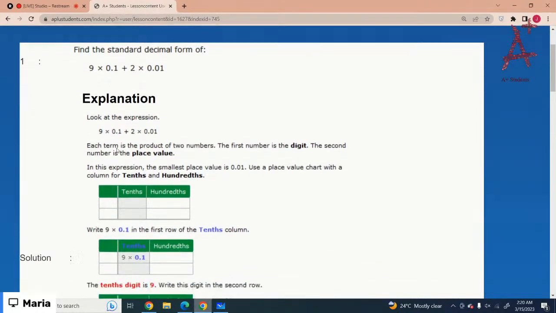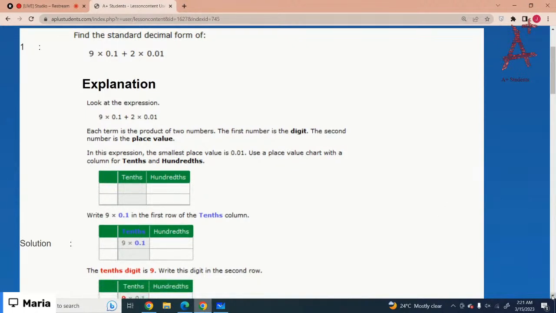Each term is a product of two numbers. The first number is a digit. 9 is the digit. 0.1 tells you the place value of 9. 0.1 means the tenths place, and 0.01 means the hundredths place. So 9 is at the tenths place and 2 is at the hundredths place.